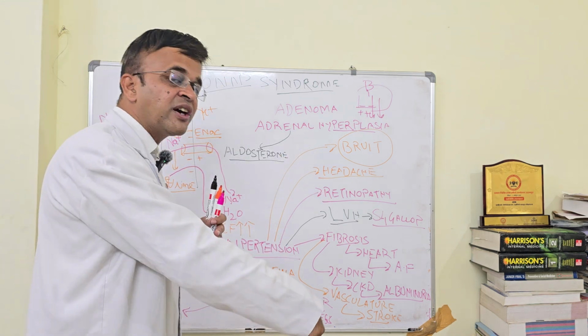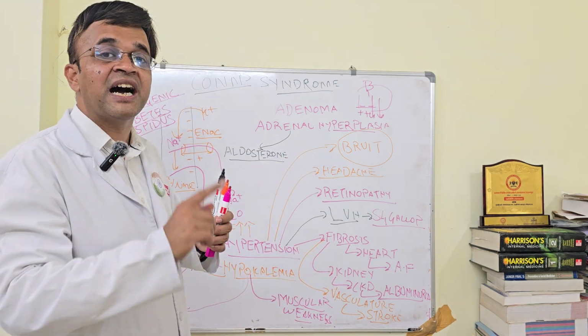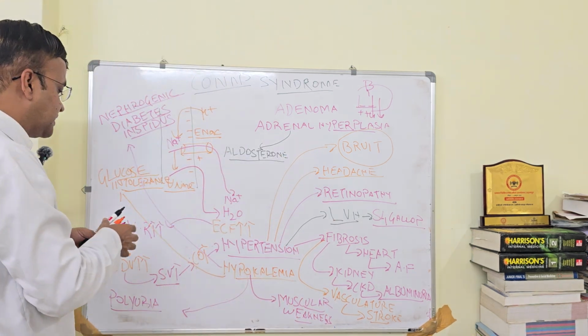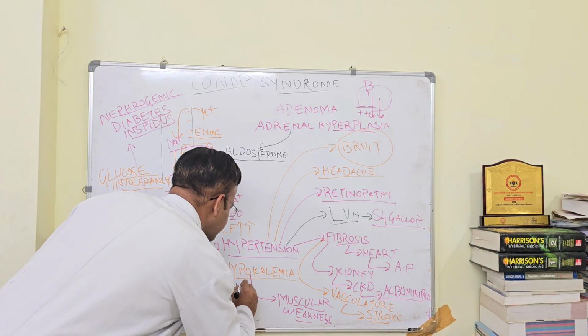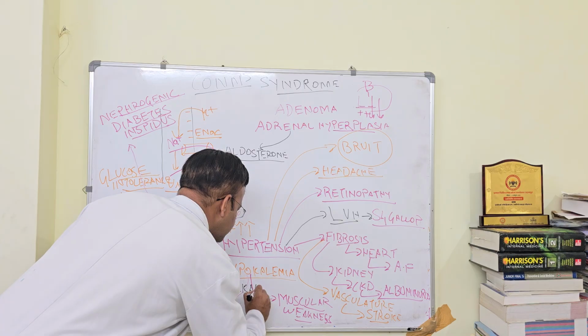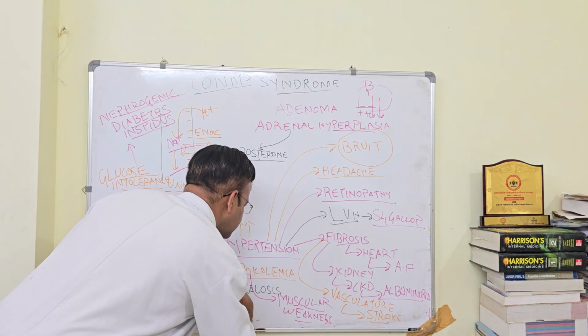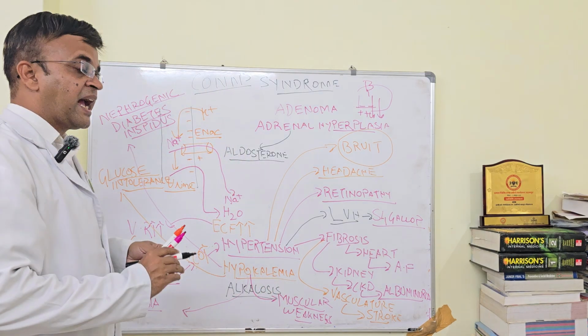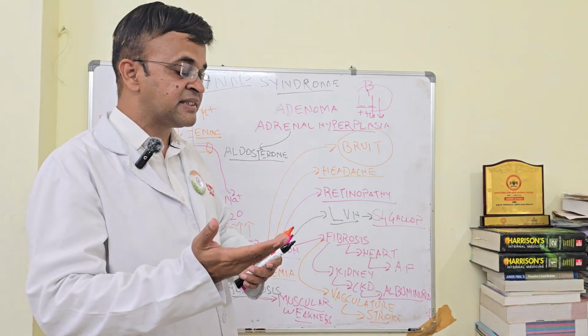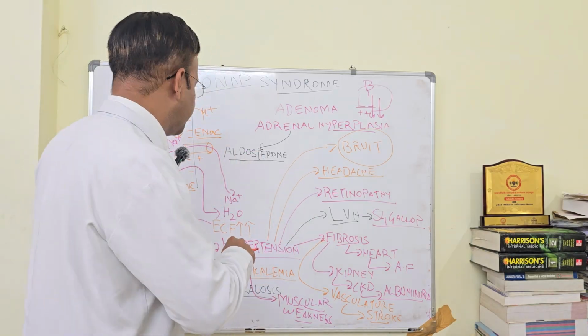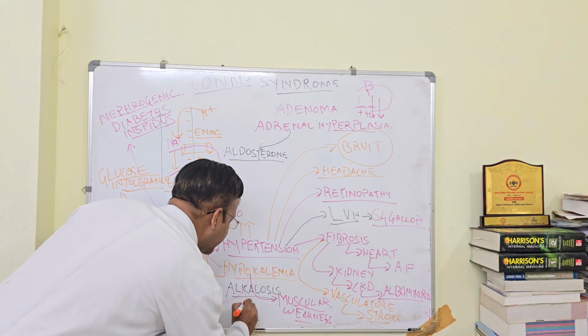If it excretes out H plus ion, what will you get? Alkalosis. And what can alkalosis lead to in some rare cases? Alkalosis in some rare cases can lead to tetany.